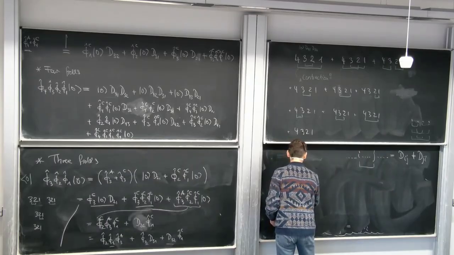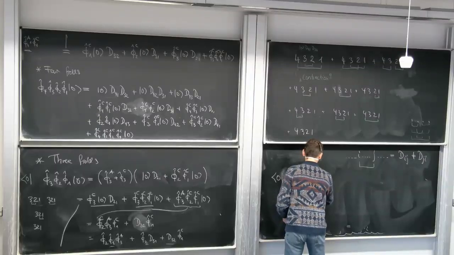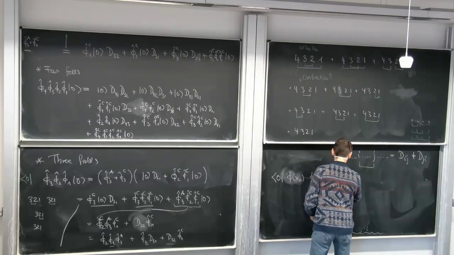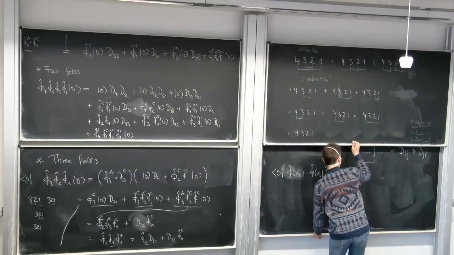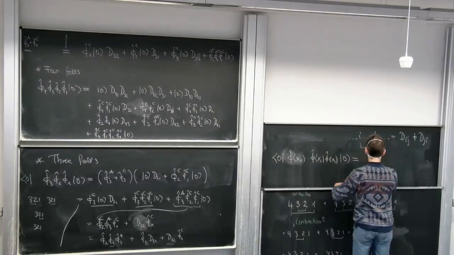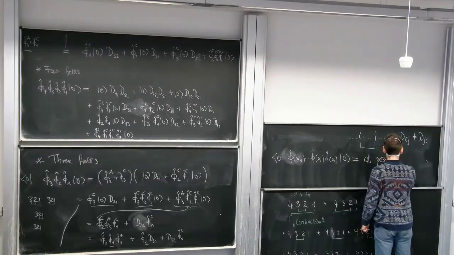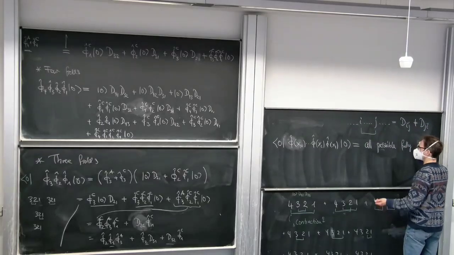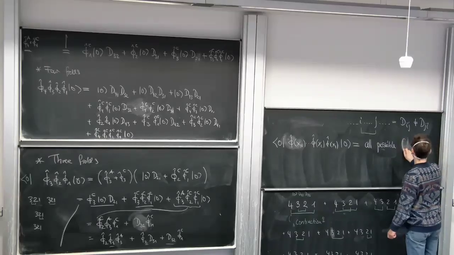Phi x n ... phi x2 phi x1 0 is equal to all possible fully contracted, I guess. Fully contracted.